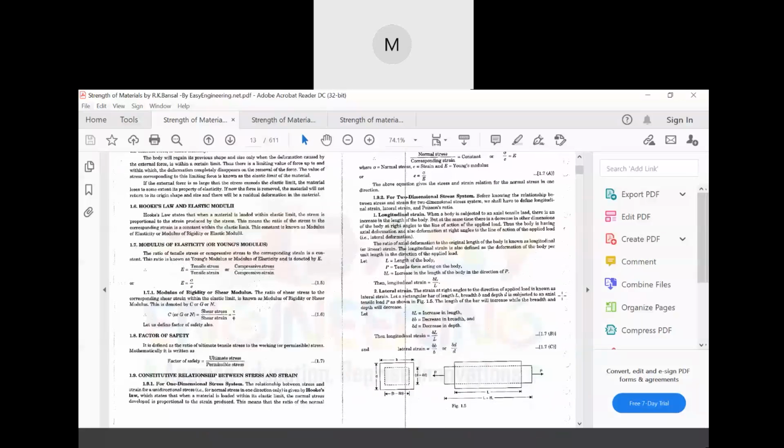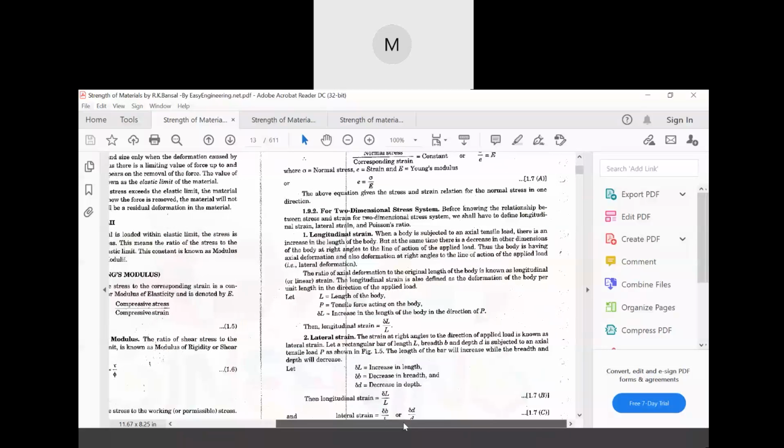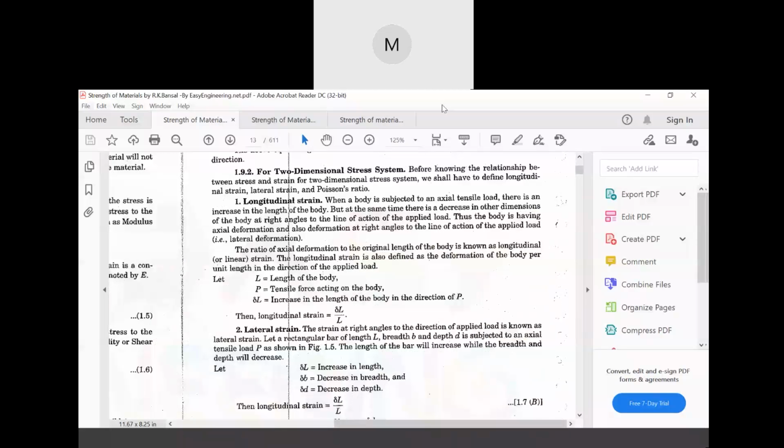Now look, in one dimensional strain, the strain is in only one direction, but in two dimensional strain, the strain will be in two different directions. For a two dimensional stress system, we will have one, longitudinal strain, and the other, lateral strain.